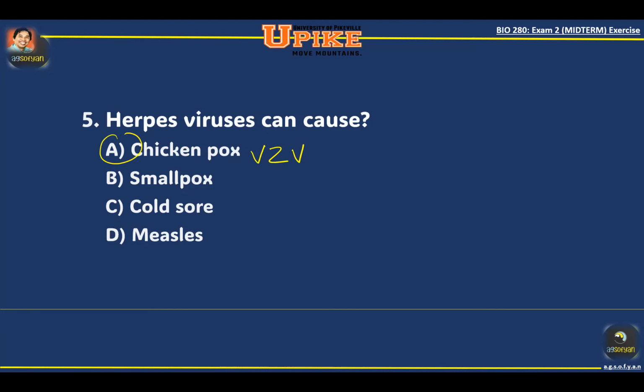The herpes virus can also cause the cold sore, which is herpes simplex virus number 1. Measles is not caused by the herpes viruses. So the correct answer will be this one, even though VZV or chickenpox is also correct, because this is actually number 3. Cold sore, or mouth sore, is the best answer for this question.